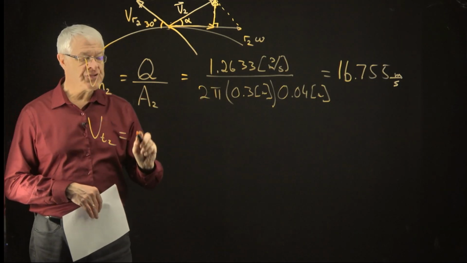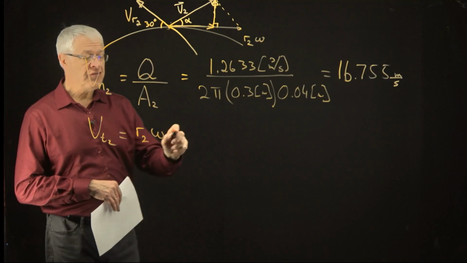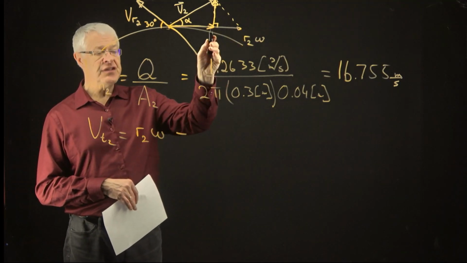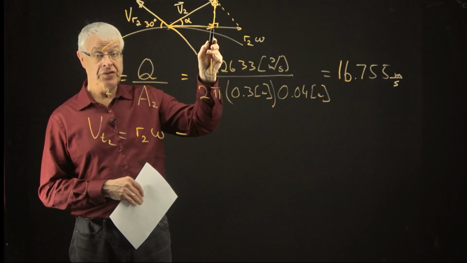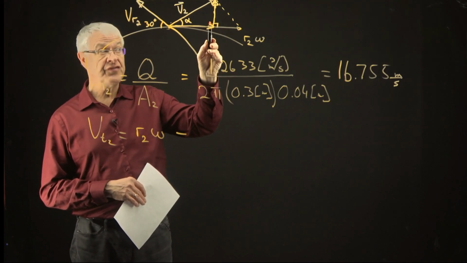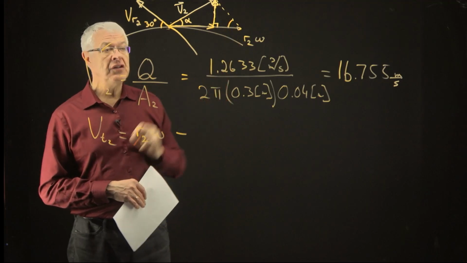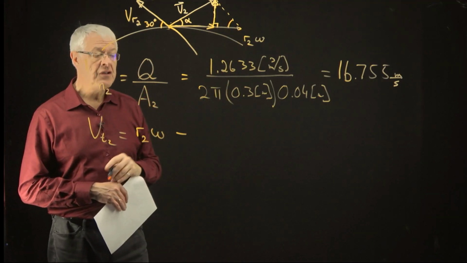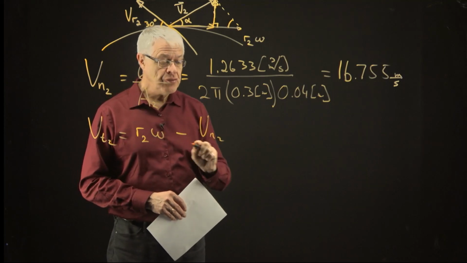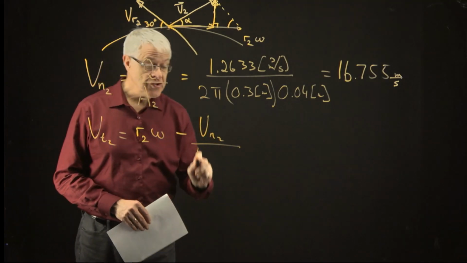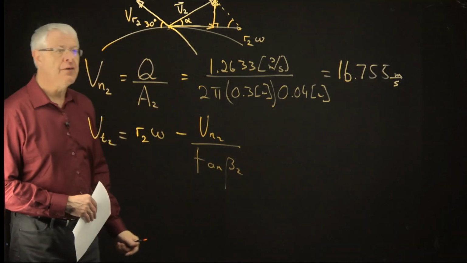So we start off with R2 omega, and we subtract from that this distance, which comes from our normal component we just figured out, and this angle. Realize this angle is also 30 degrees. So that's going to be equal to Vn2 divided by the tangent of beta 2, all right?